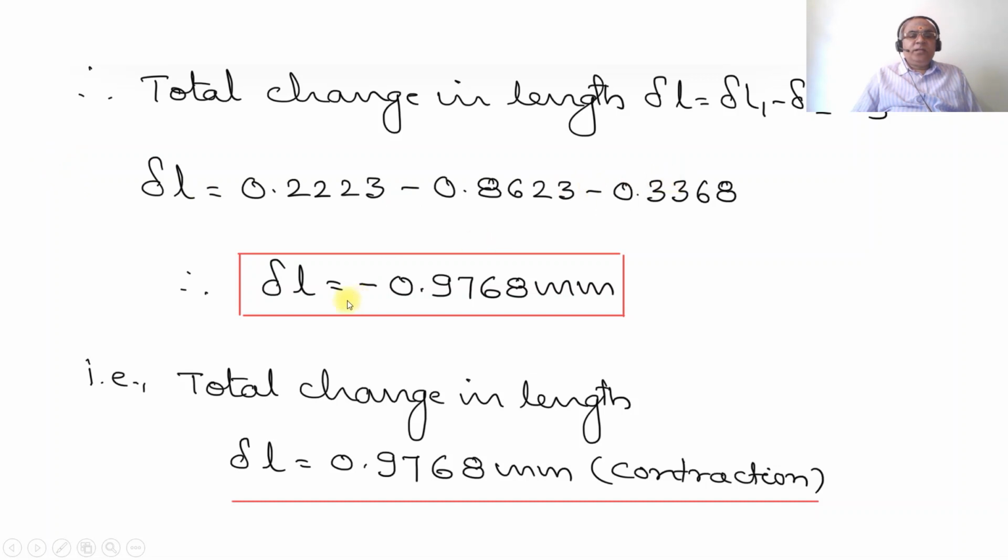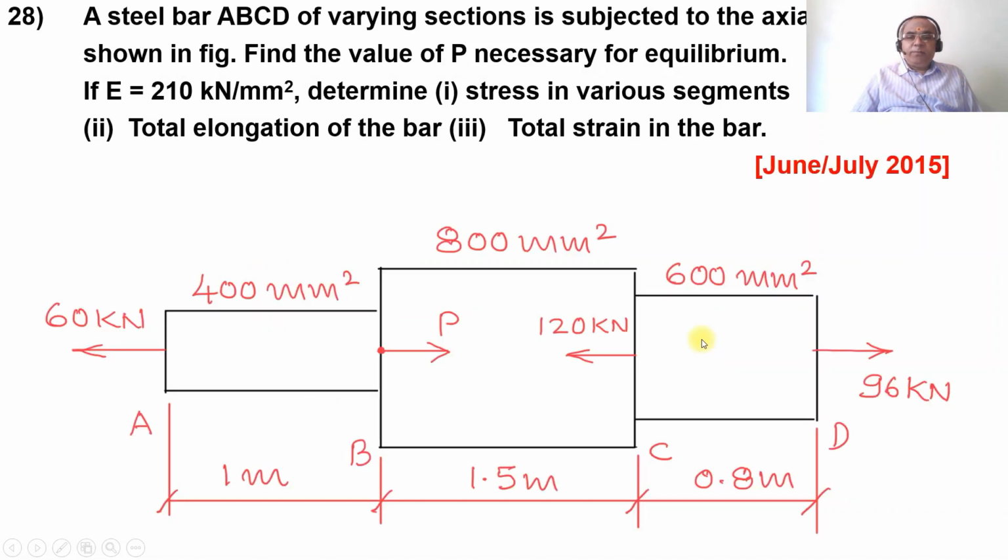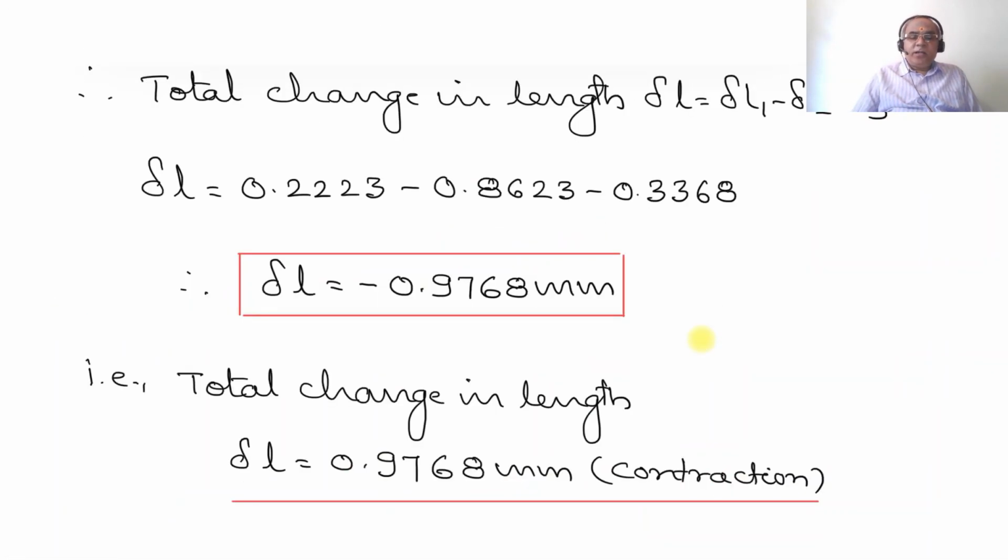On simplification, delta L will be equal to minus 0.9768 mm. Therefore, since it is negative, it is a contraction, and 0.9768 mm is the total change in length of the entire segment. So this is how you will be able to solve this particular problem.